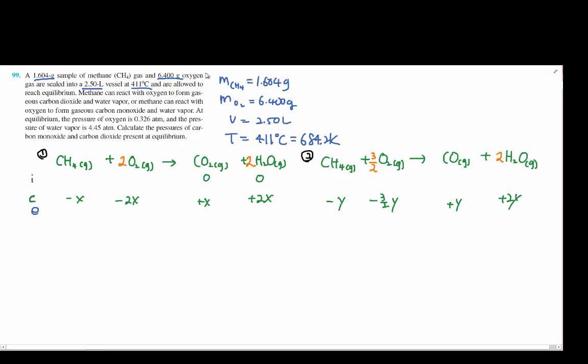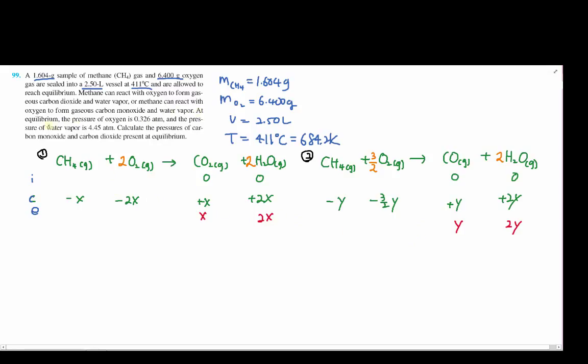As you see here, you add the columns, and there's an implied 0 for these as well. So we're supposed to get y and 2y.